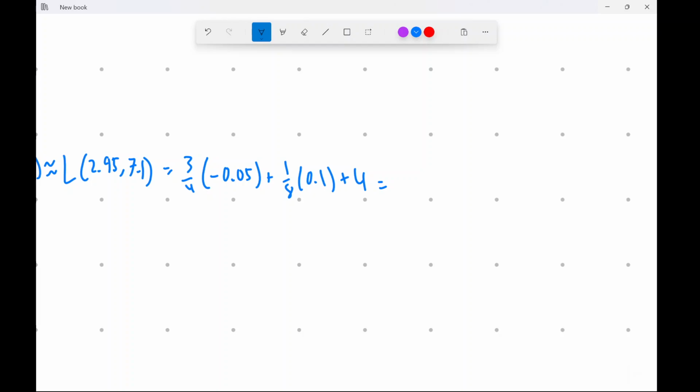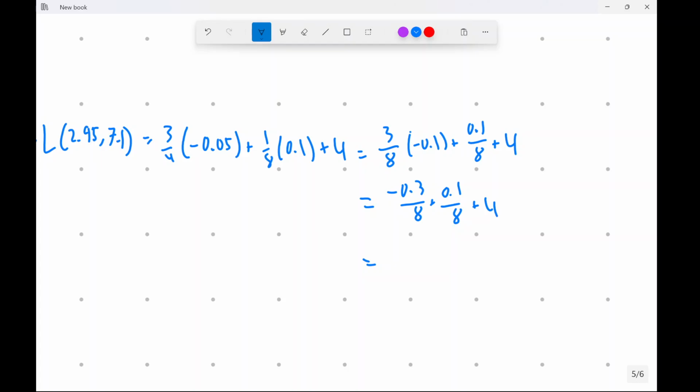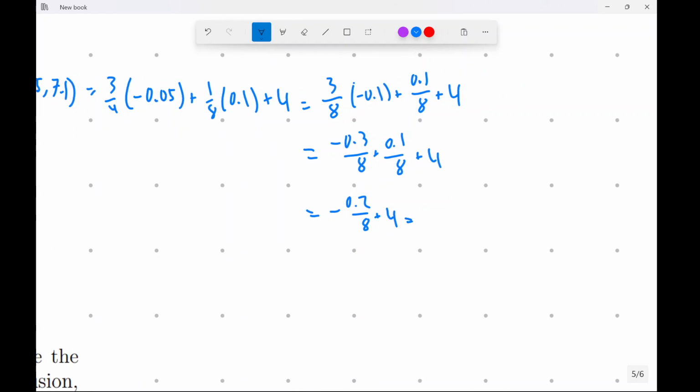So the first two have a common denominator: 3/8 times negative 0.1, plus 0.1/8, plus 4, which is negative 0.3/8 plus 0.1/8 plus 4, which is negative 0.2/8 plus 4, which is 31.8/8, and that's fine. We don't need to simplify it from there.